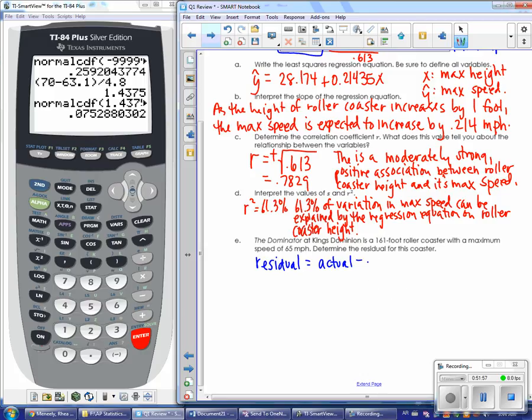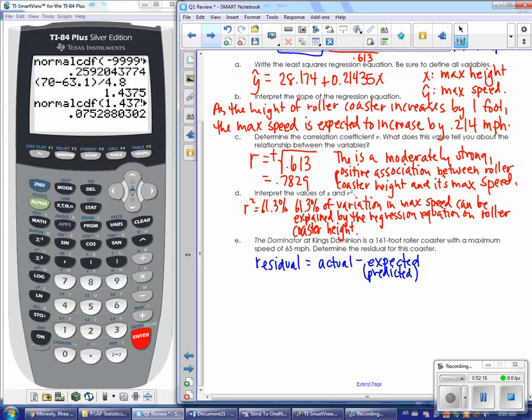Actual minus the expected, or predicted, is what I want to write here. So the residual here, that's what we're asked to figure out.